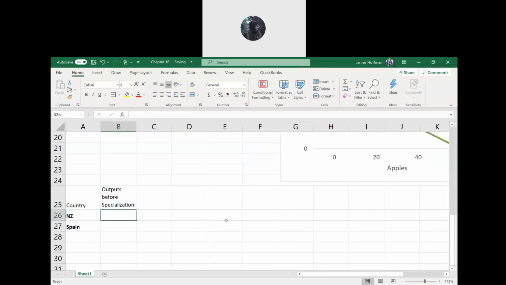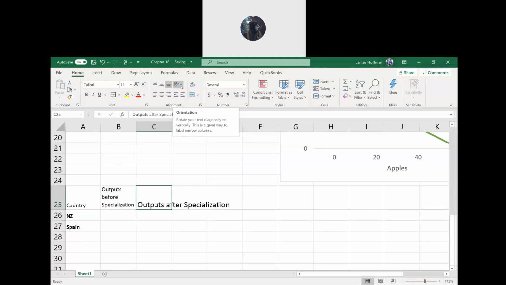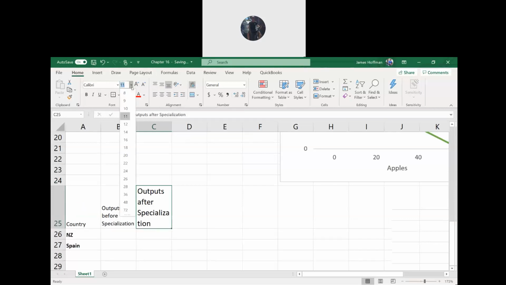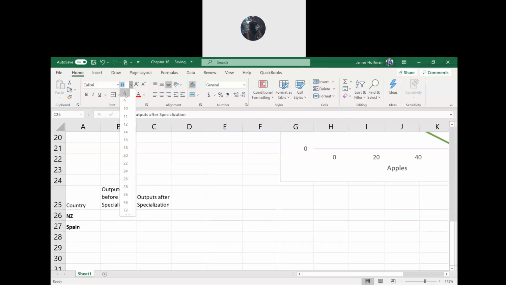Let's call the next column outputs after specialization.